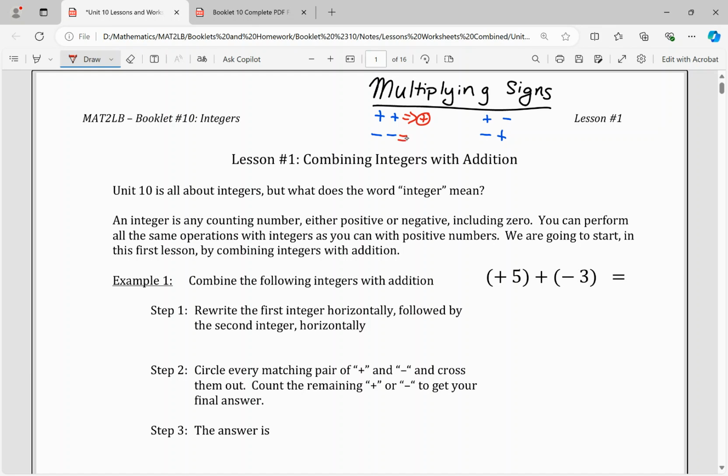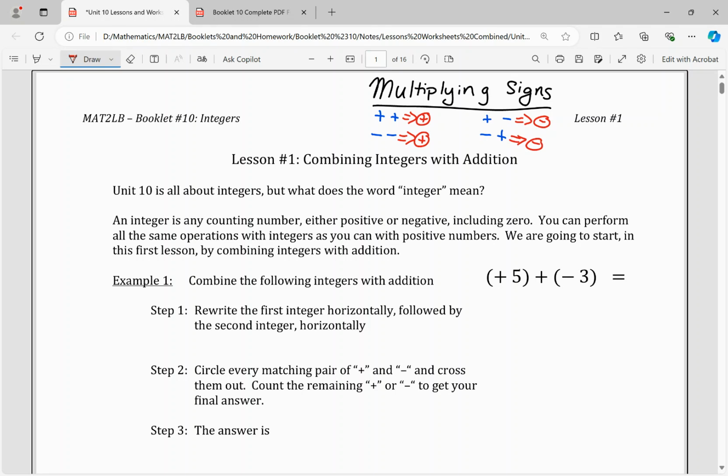When you have two negative numbers, that's also going to result in a positive number. So when you have two of the same signs and you combine them, you're left with a positive. Now, when you have a positive and a negative, when the signs are different, it's going to result in a negative number, whether it's positive negative or negative positive.